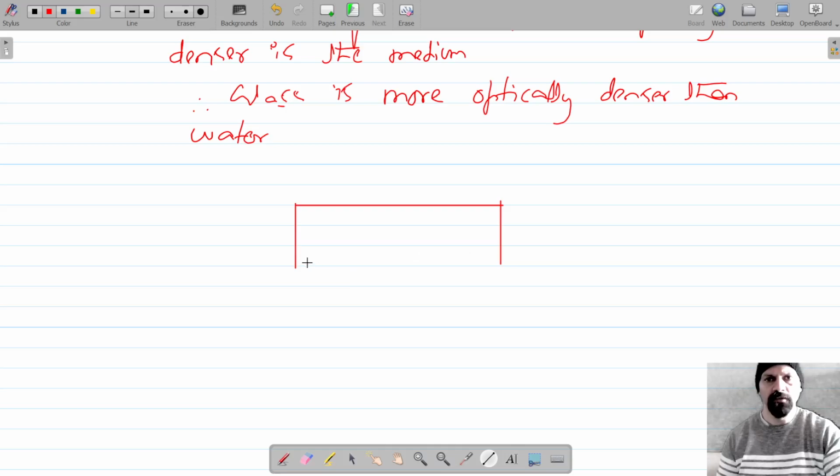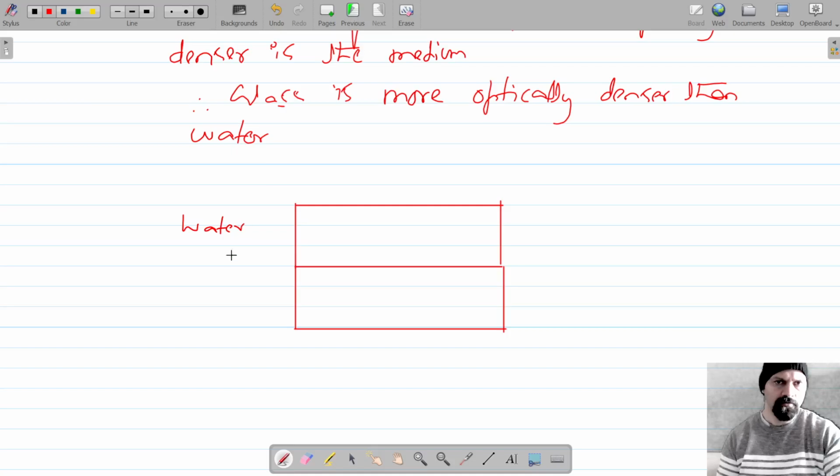So let this be the water and this be the glass. Now let's say this is the water and this is the glass. Now ray of light is entering normally means at 90-degree. So this is how the ray of light is entering.